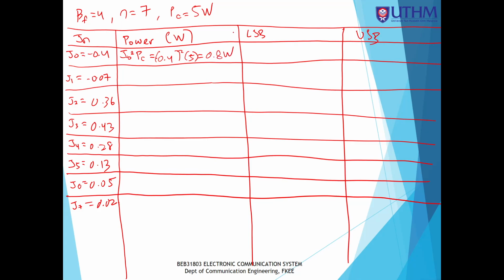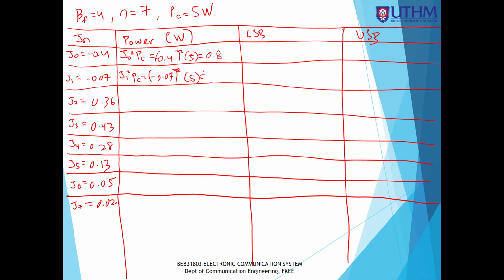No need to use a W, so we understand that this is watt already in the header. Okay, so again this is J1 squared PC, so this is equal to negative 0.07 squared times 5. So this is how much?